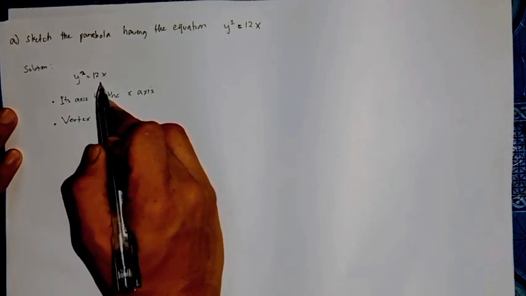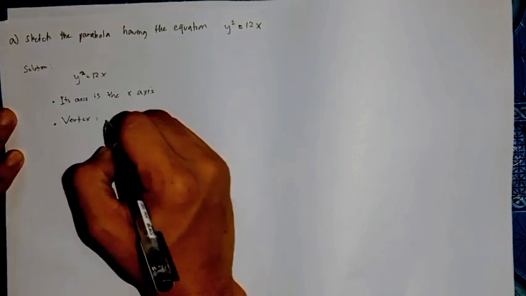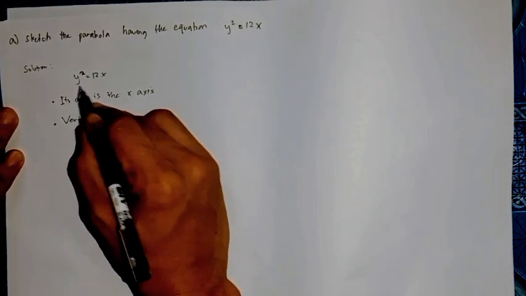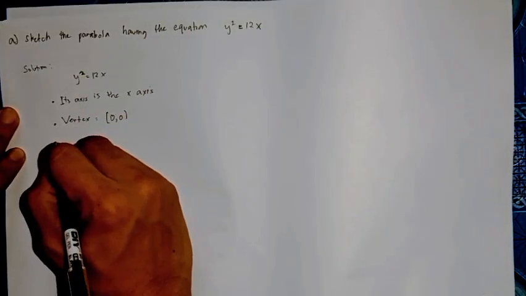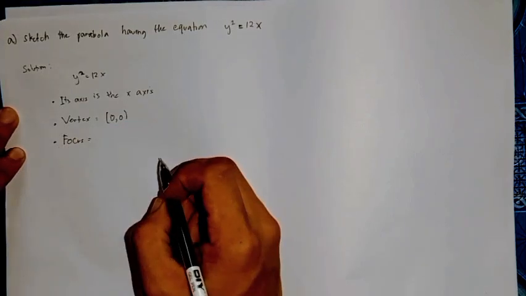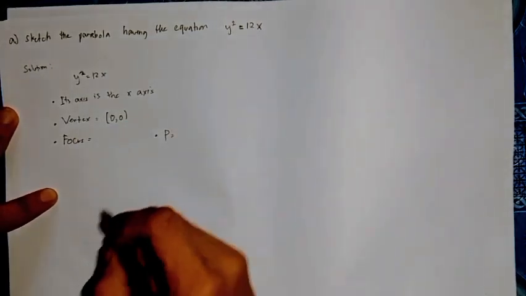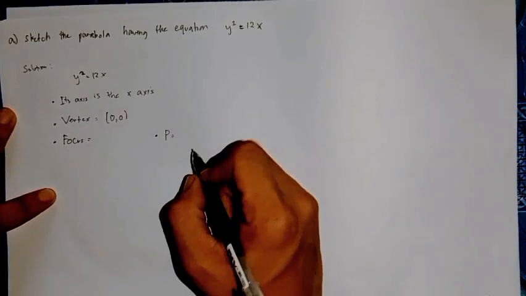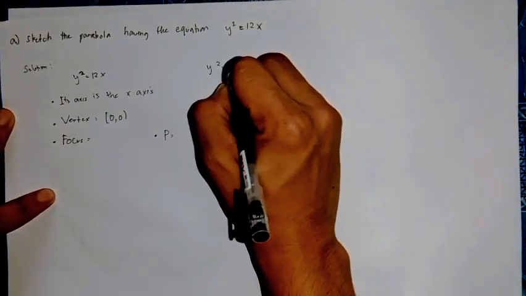Since y squared is equal to 12x, and our vertex is denoted by h and k, therefore our vertex is (0, 0). The center is at the origin. Next, let's find the focus. To find the focus, let's first find p. We all know that the formula of a parabola is y squared is equal to 4px.